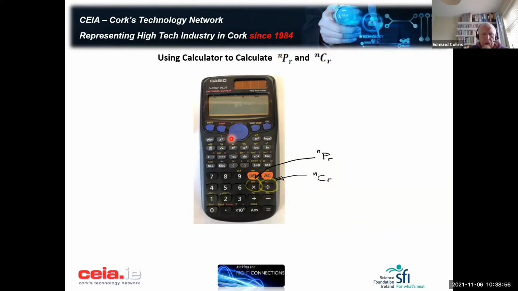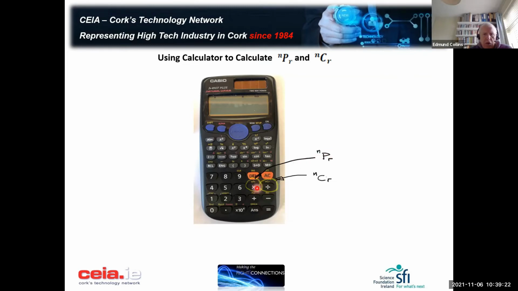So how this is used is you key in n first. So if n was 3, whatever, you key that in, 3, then use the shift key here to bring up the function. So C will appear. And then if r, let's say, is 2, you key in 2 and then hit equal. So that's if you were working with a combination.